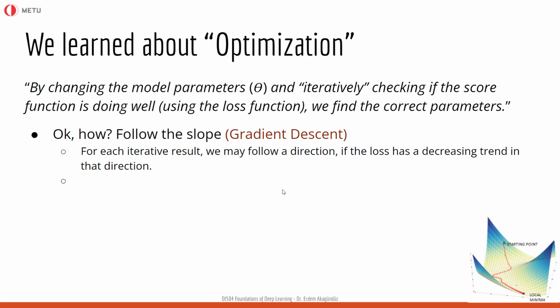In optimization, there are many methods. But in deep learning, nearly all of the methods used to train the networks are some variations of the so-called gradient descent algorithm.